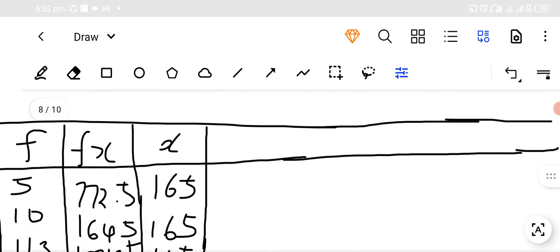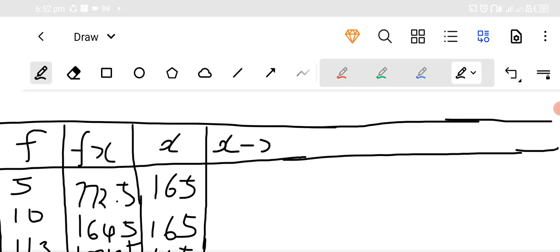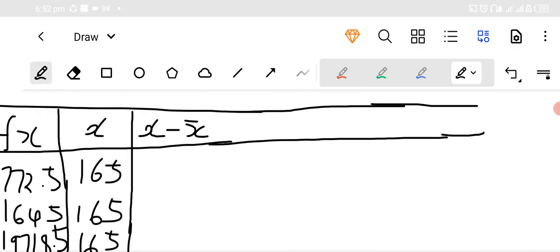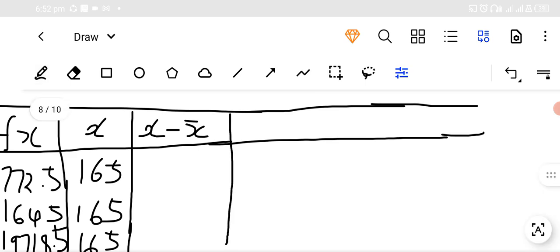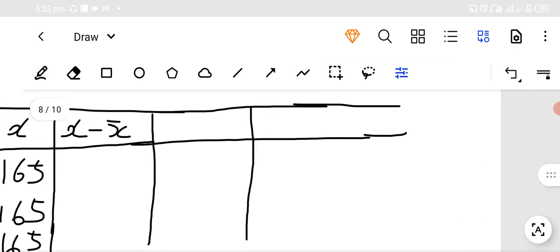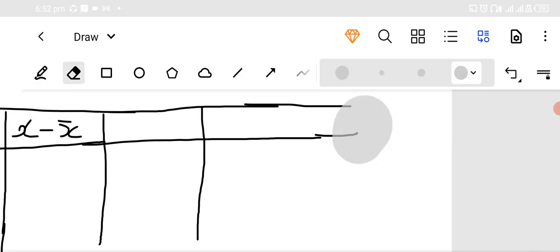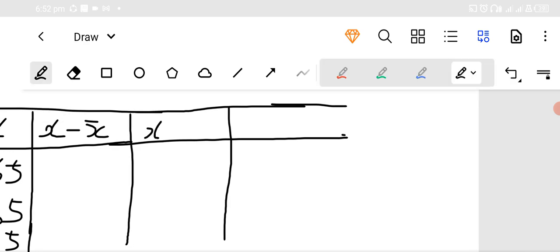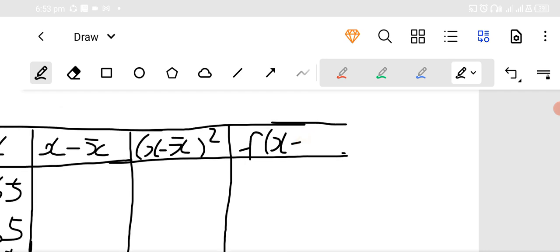The next one will be the x value minus the mean value. So x minus x bar. Then I can say x minus x bar squared, then f times x minus x bar squared.